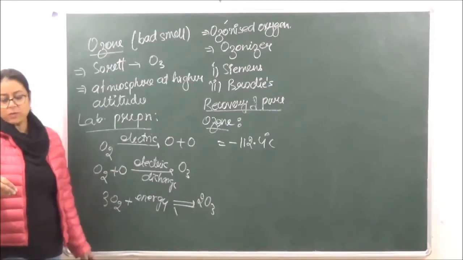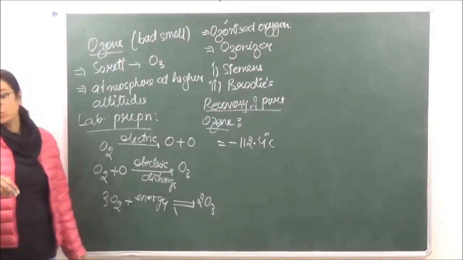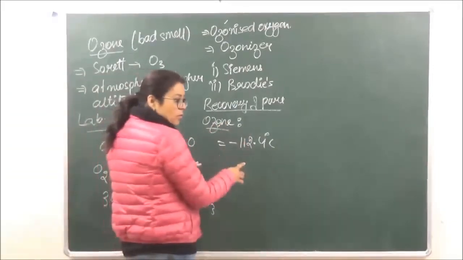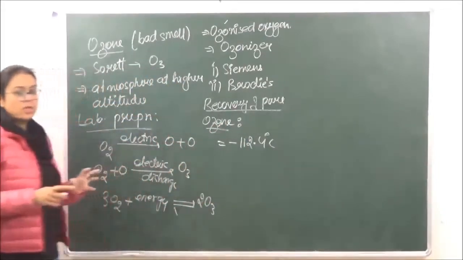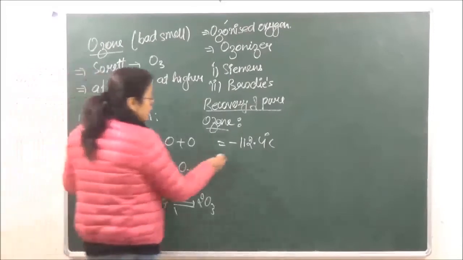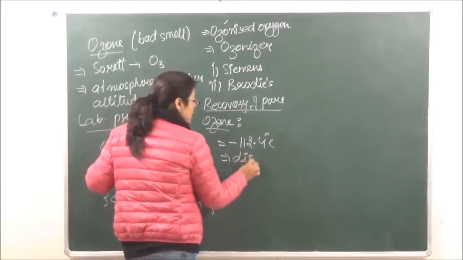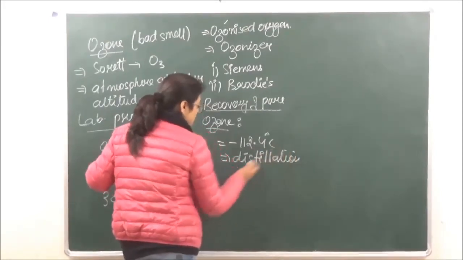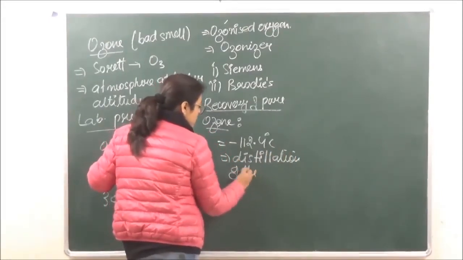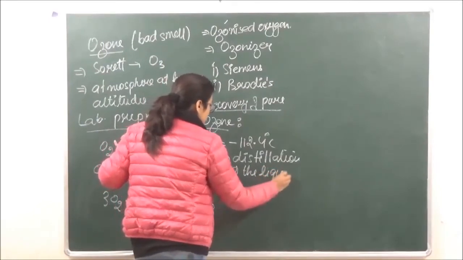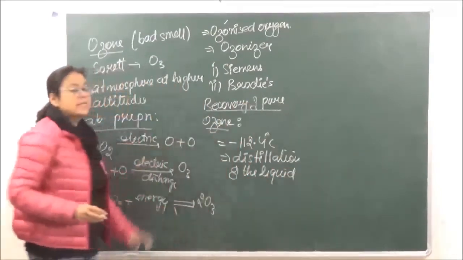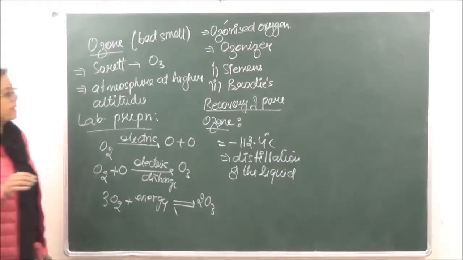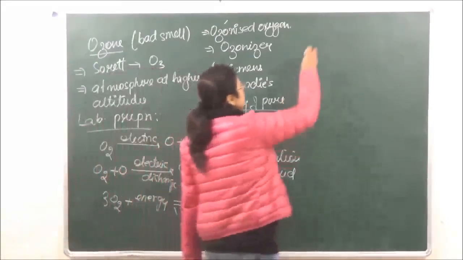Now when the temperature is lowered, we get the ozone. This is a liquid which is formed over here. We have condensed the gas into liquid form, and then we do the distillation of the liquid in order to get ozone. Right? Let's go on to the properties.